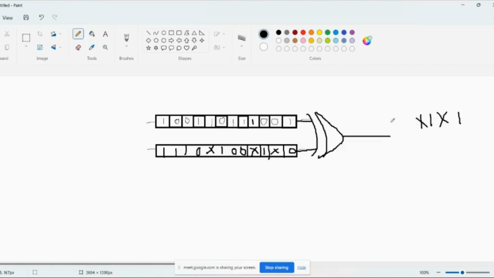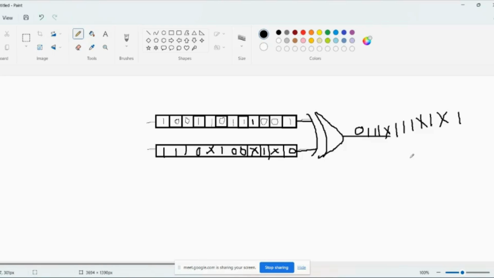So there is a dependency on the one input. On both the inputs, the XOR gate is dependent. So you'll get X. Again 1, 1, 1, 1, 1, 1, X, X, 1, 1, 1, 0.